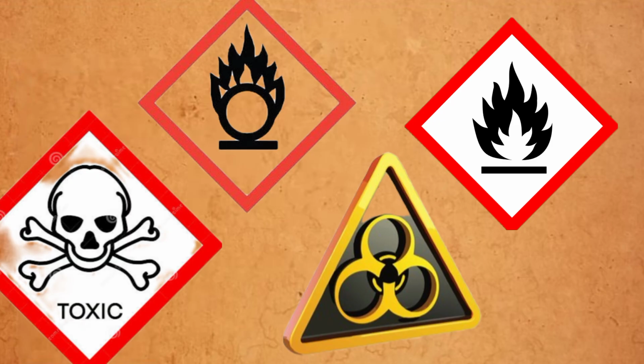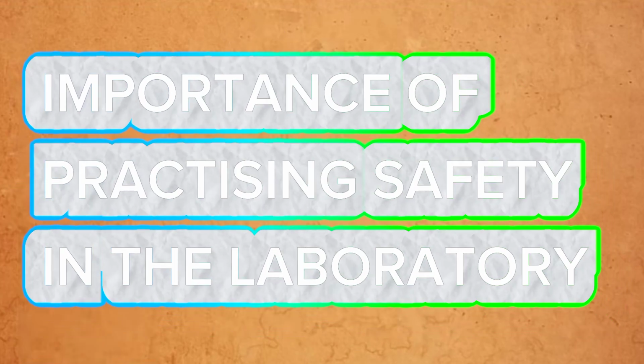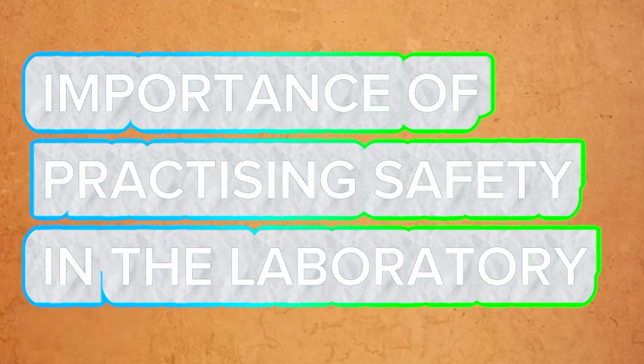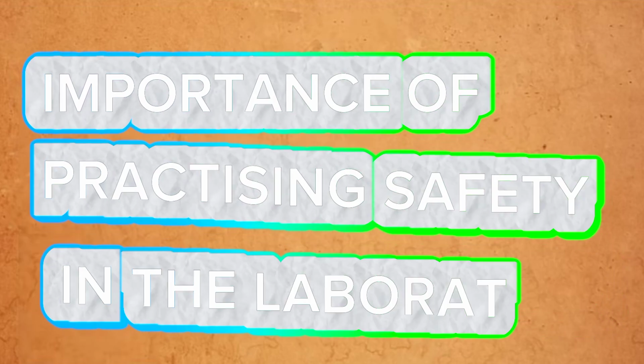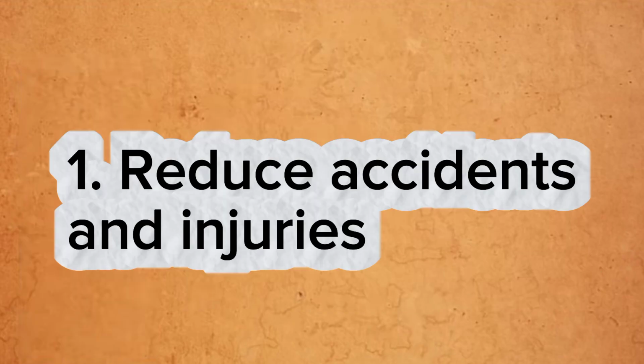Next is importance of practicing safety measures in the laboratory. One, to reduce accidents. Observing safety measures in the laboratory helps us to reduce accidents.